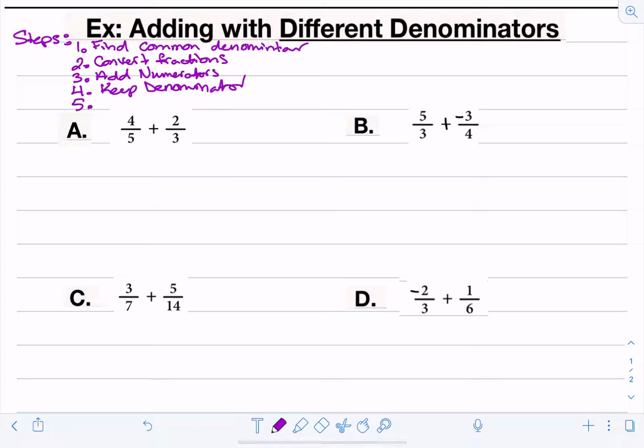And step 5 is going to be simplify if you can. Okay.